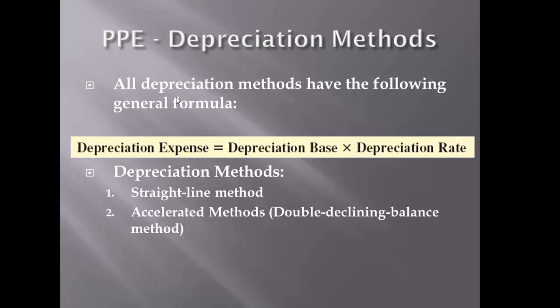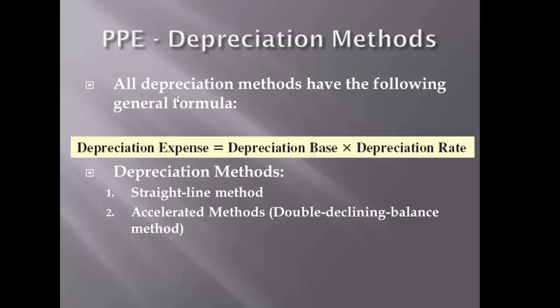Now, once we reduce income taxes to be paid, our cash flows increase because we used less cash to pay taxes. And the cash saved can be invested to yield additional cash inflows.